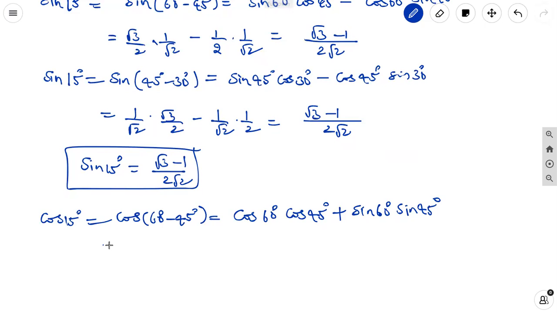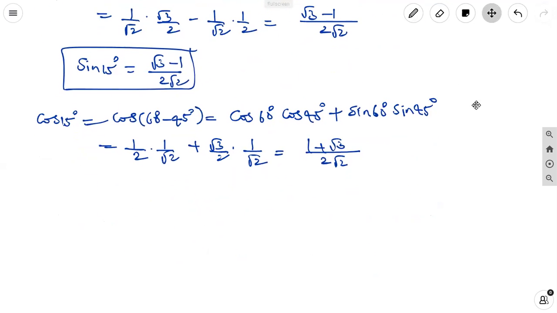Here cos 60 is 1 by 2, cos 45 is 1 by root 2, plus sine 60 is root 3 by 2, sine 45 is 1 by root 2. 2 root 2 is the LCM, 1 plus root 3 or root 3 plus 1 by 2 root 2. So from this, cos 15 degrees is equal to root 3 plus 1 by 2 root 2.